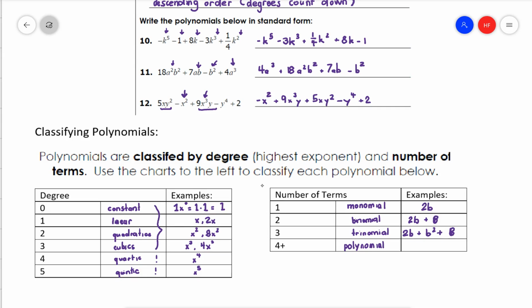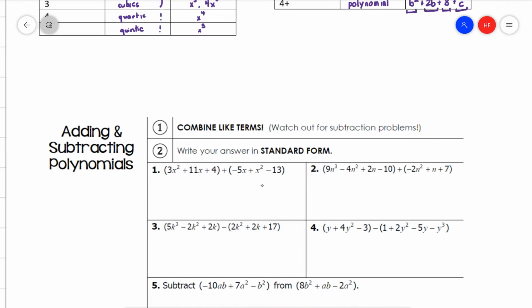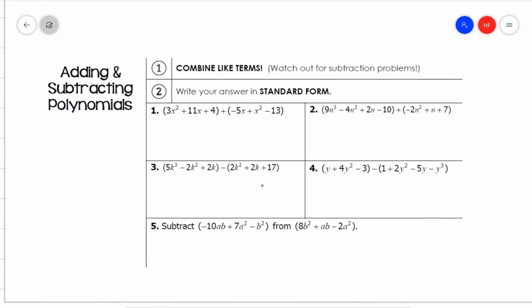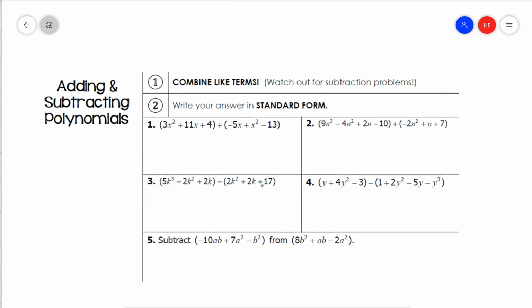And then a polynomial would be 4 or more, so we could say b squared plus 2b plus 8 plus c. There are 4 terms separated by plus signs. They could have minus signs, but we just count based on how many things there are that are separated by plus or minus.